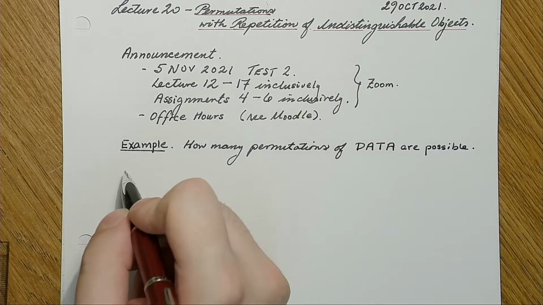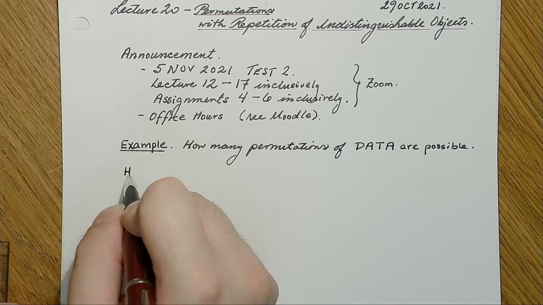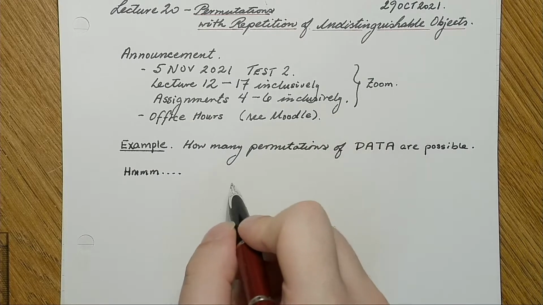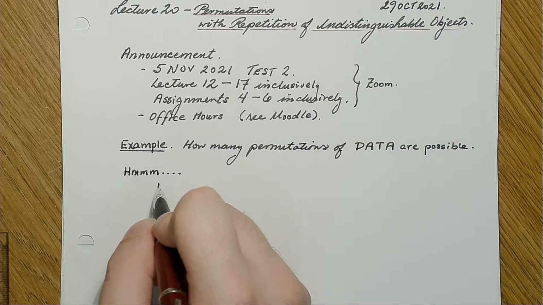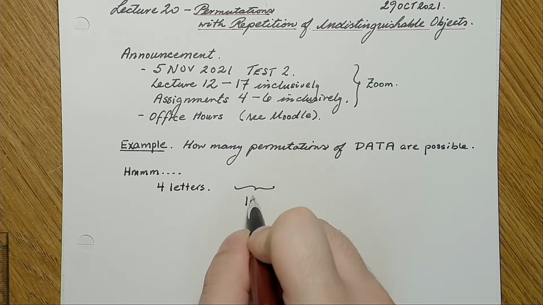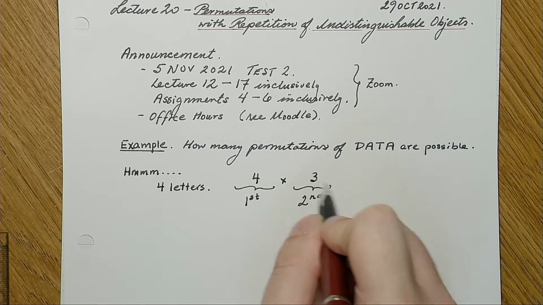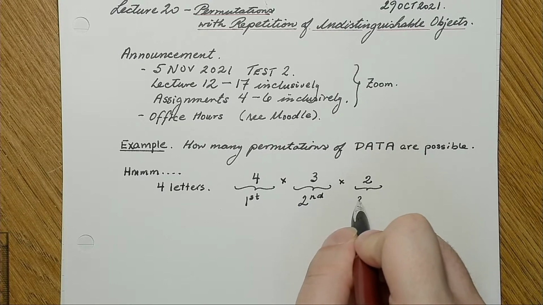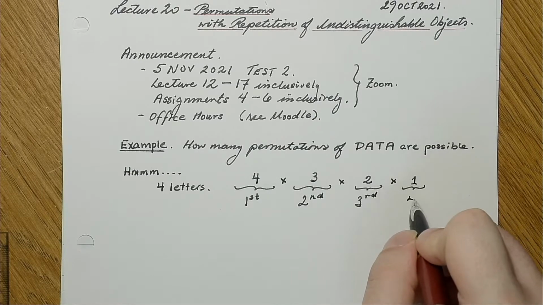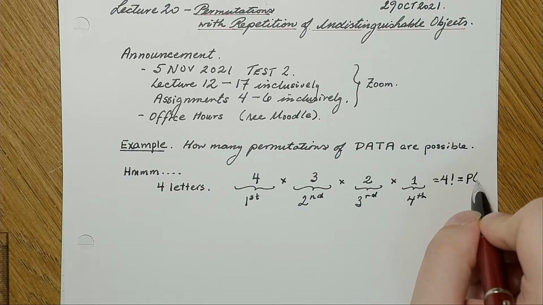Well, somebody might think, okay, there are 4 letters. So for the first choice, there is 4, and then for the second, there's 3. For the third position, there would be 2. And then lastly, there's just 1 left over for the 4th letter. So again, that would be 4 factorial, or you could write that out as 4 permute 4.